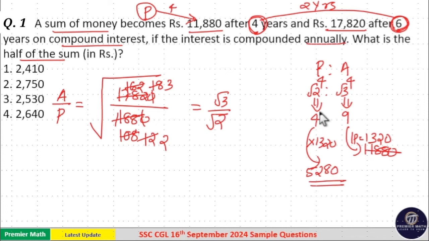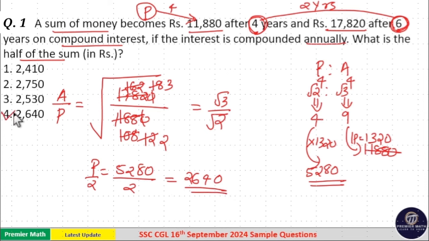So 5280 is the principal. Now the principal is 5280, then half of the principal is 2640, which is half of the sum, which is option 4. So, option 4 is your answer.